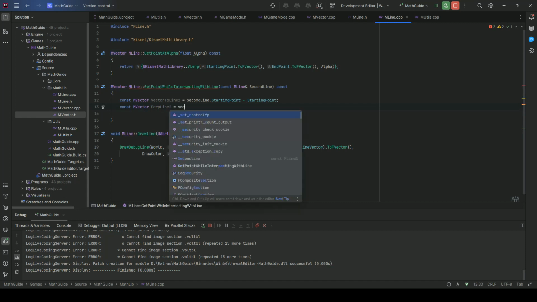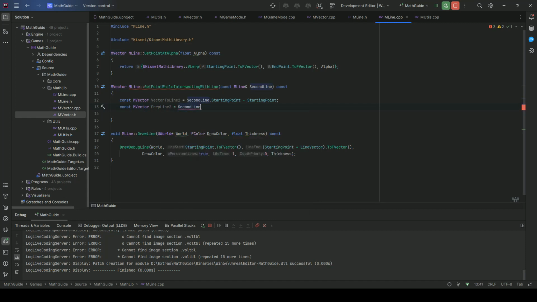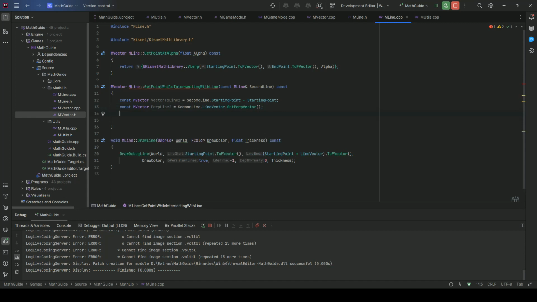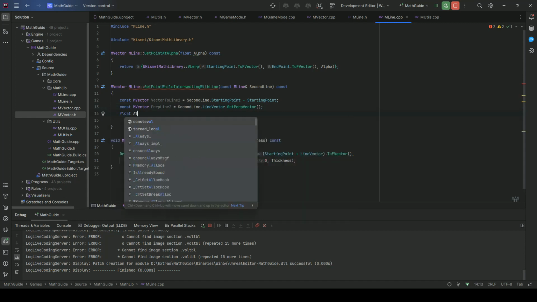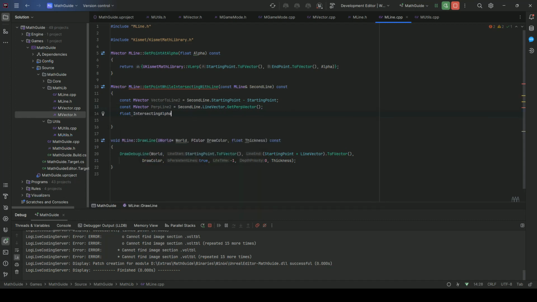So it will be second line dot line vector dot get perp vector. Okay, now the alpha value, so float intersecting alpha is equal to, it was a dot product, right?